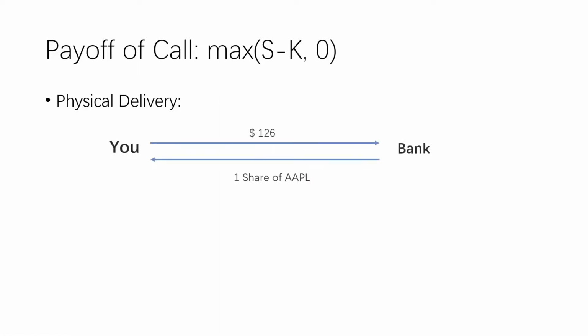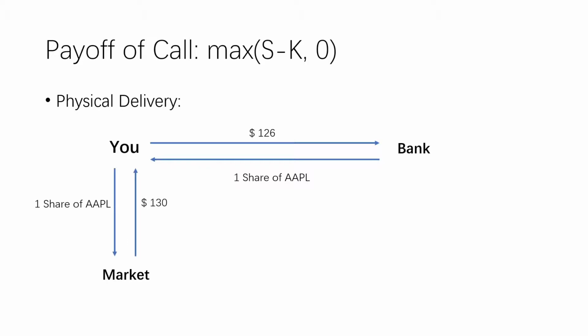But if it's physically delivered, then this is going to be a two-step process. The first step is you exercise the option with $126. That means you give $126 to the bank. The bank will deliver one share of Apple stock to you. And to realize the $4 profit, once you get the one share of Apple stock, you can immediately go to the market.